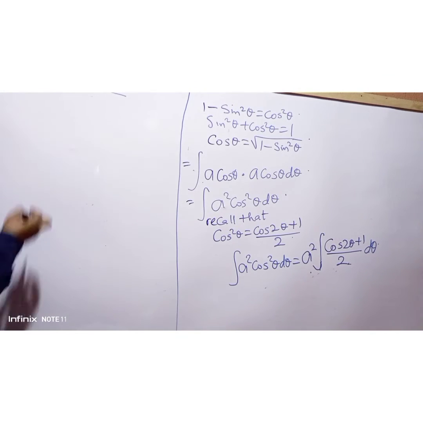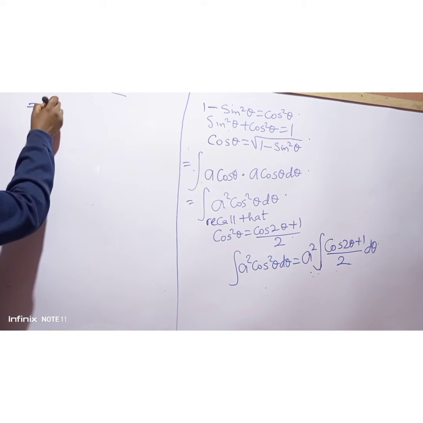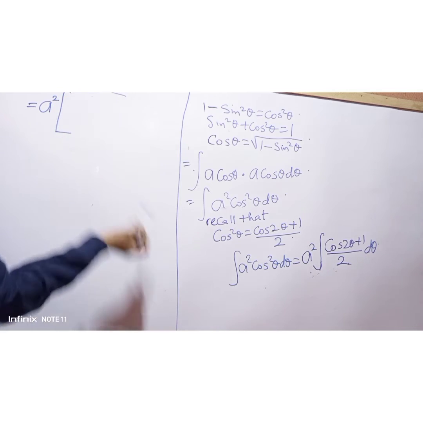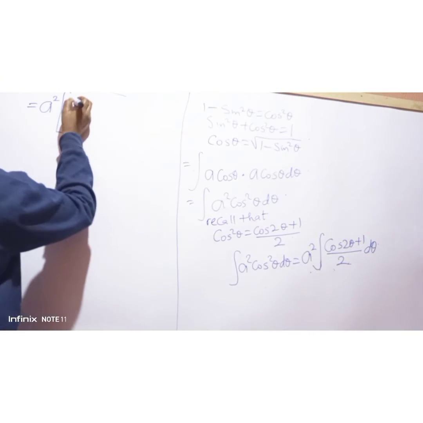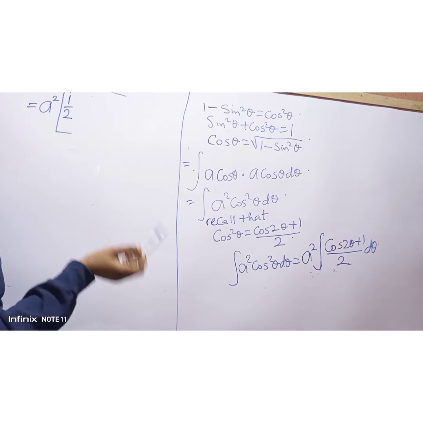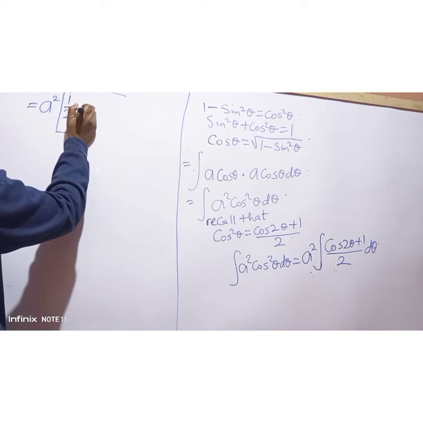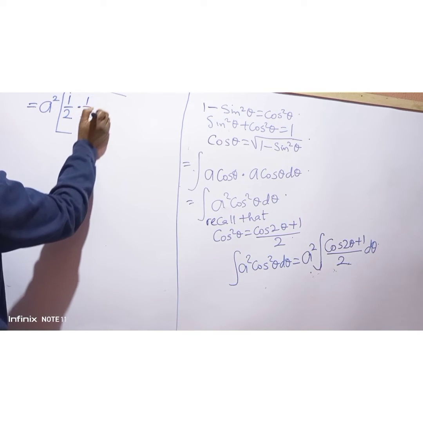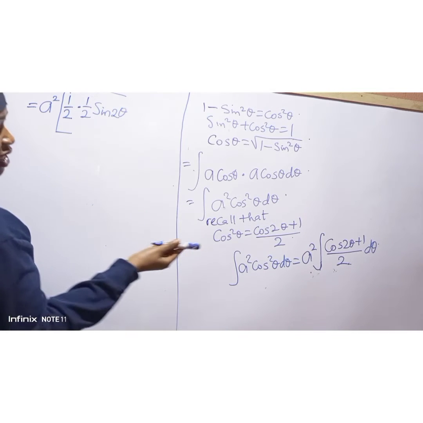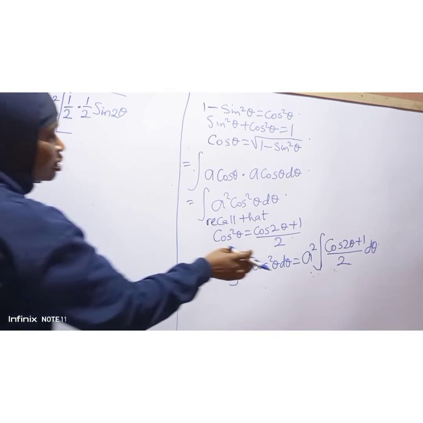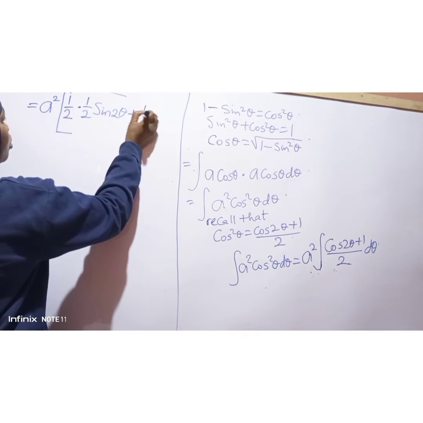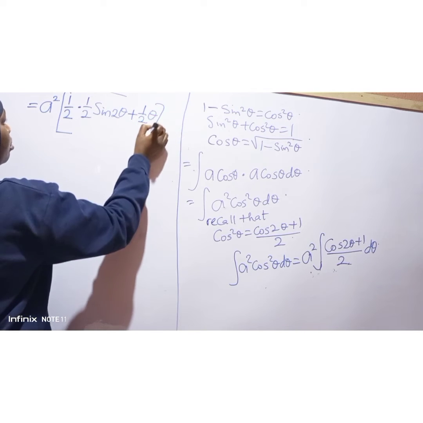Here, I can now say a squared. Let me take this 1 over 2 and write it beside it. If I integrate cos 2 theta, I have 1 over 2 sine 2 theta. Then I have 1 over 2 here also, so plus 1 over 2 theta plus c.